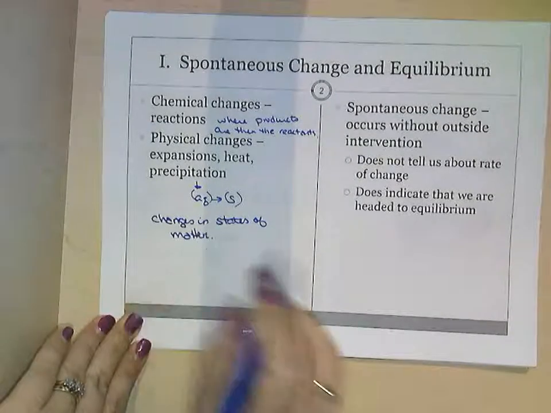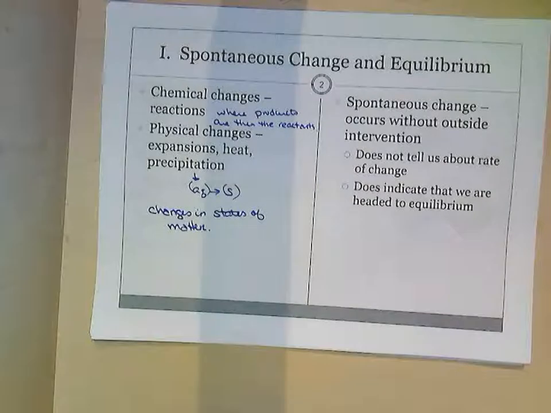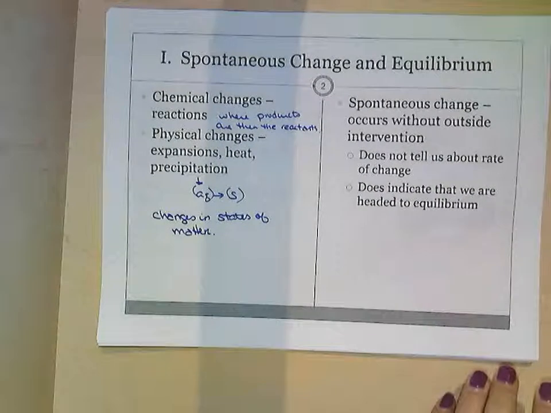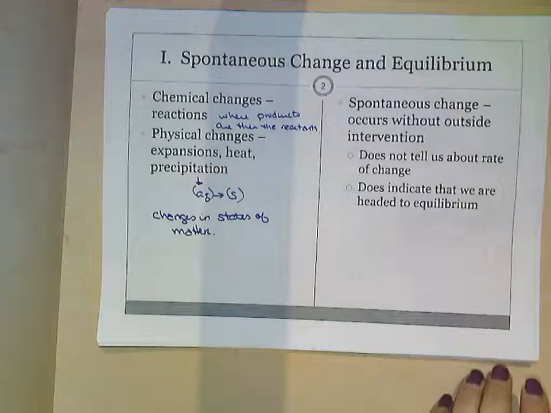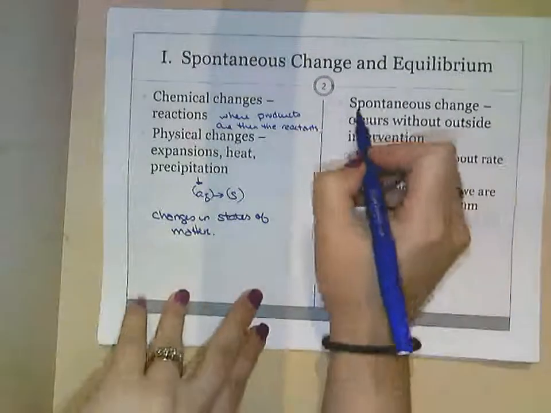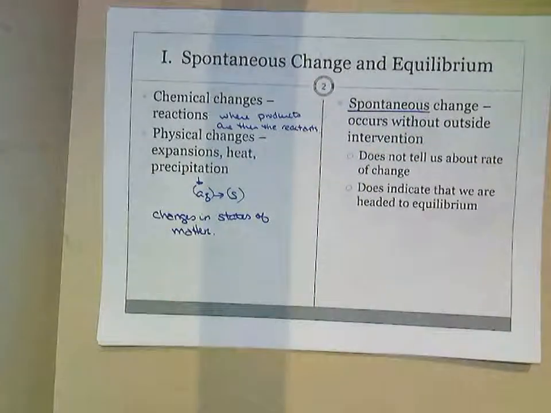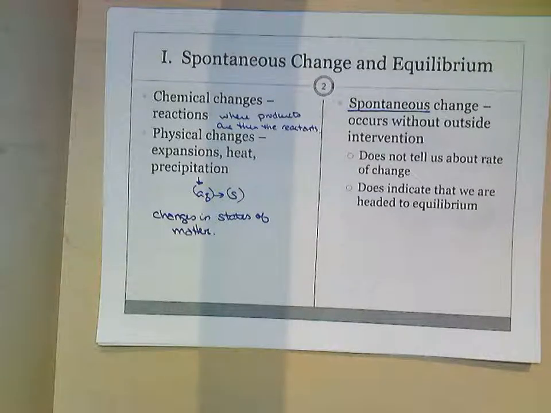All right, so those are your chemical and physical changes. We can talk about how these changes happen. We'll use the word spontaneous to indicate that the change has occurred without outside intervention.